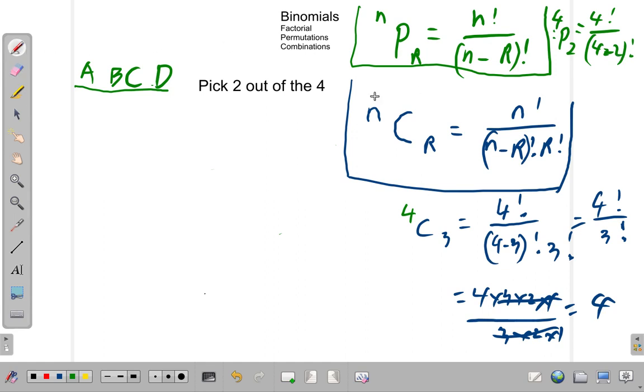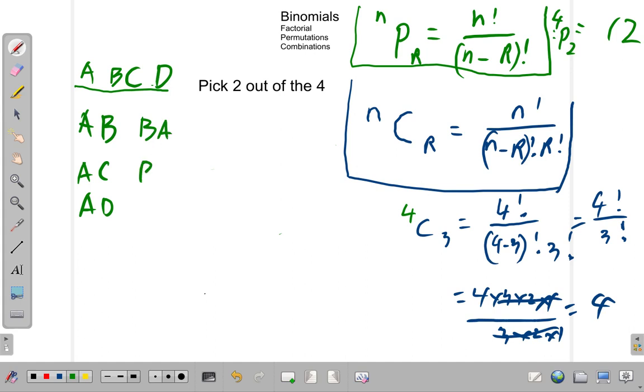So the answer here would be 12. Let's write that down here. In other words, if you pick 2 out of the 4, you could have A first: AB, or AC, or AD, or you could say B first. So you have BA, BC, BD, or you could say C first.